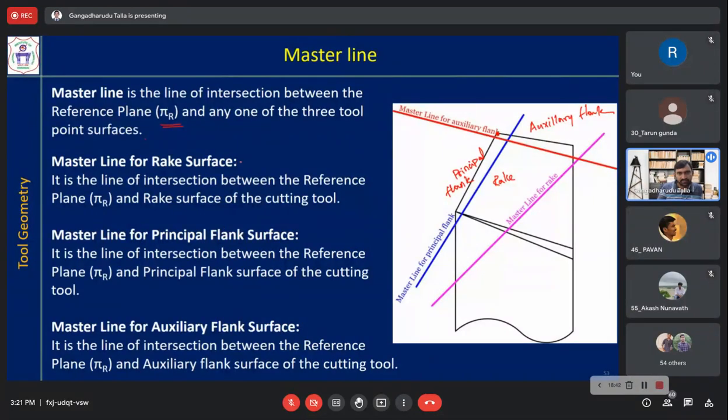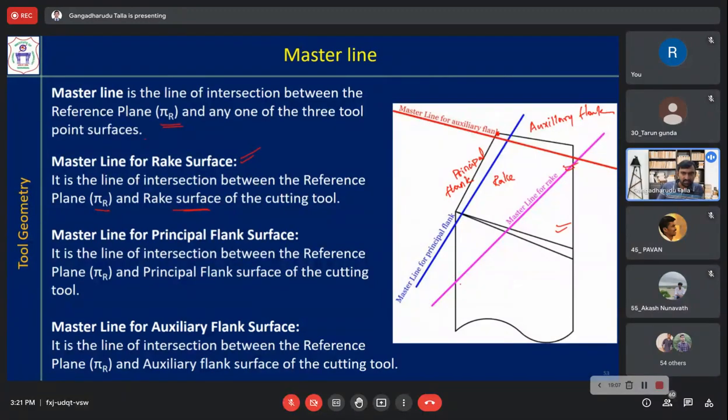Now, the master line for the rake surface is the line of intersection between the reference plane pi r and the rake surface of the cutting tool. This is the rake surface, and the intersection of this plane with the pi r plane will give you the master line for the rake surface.